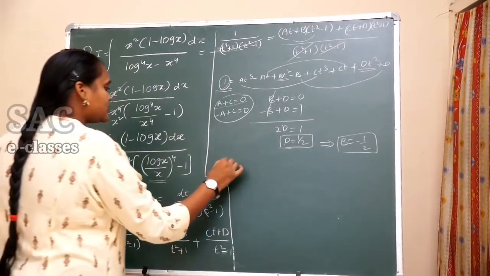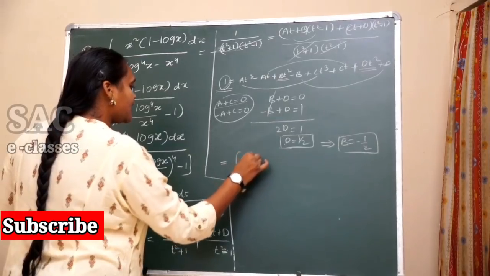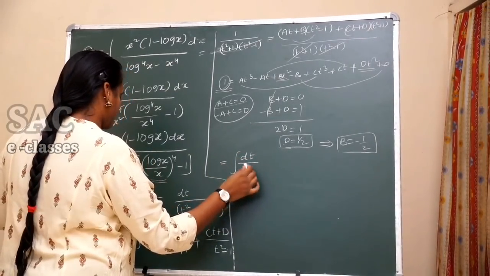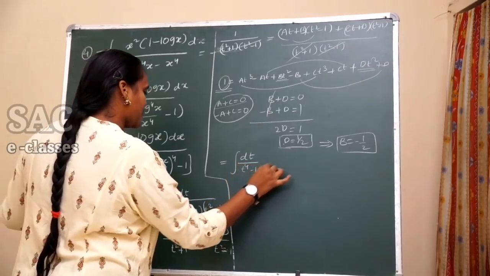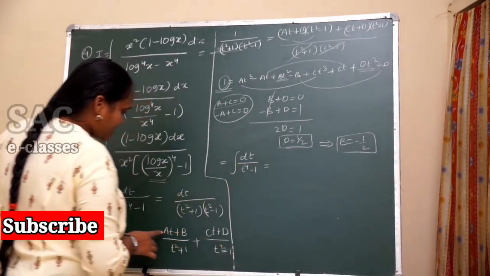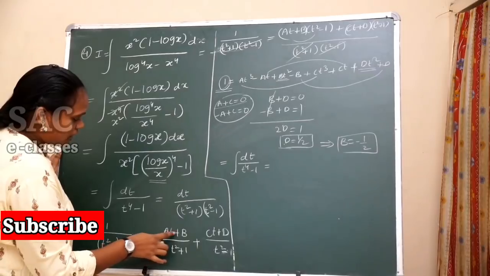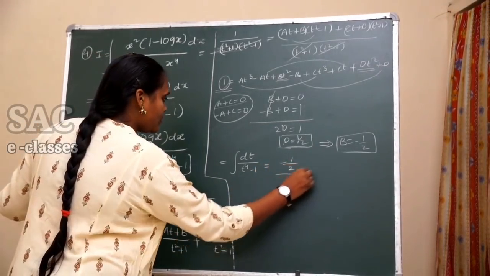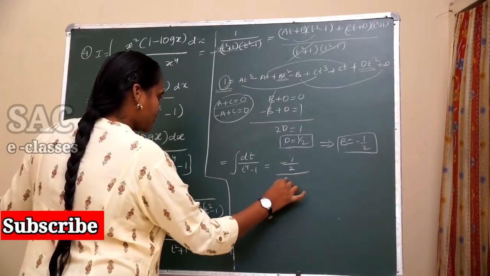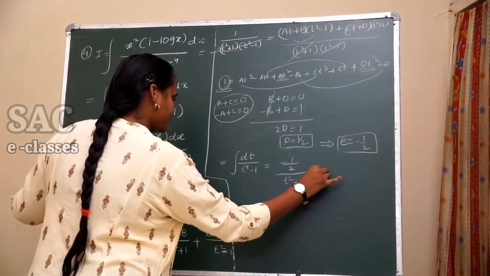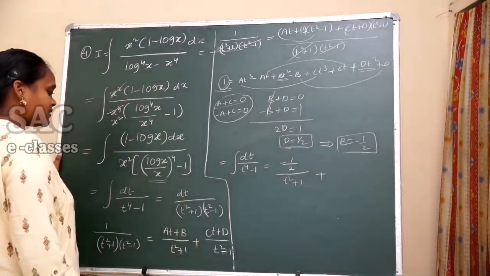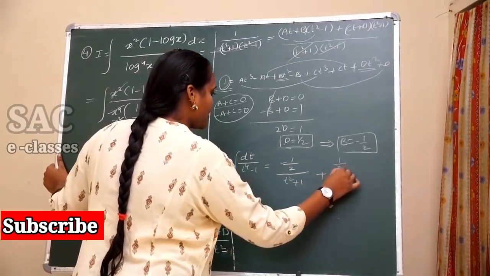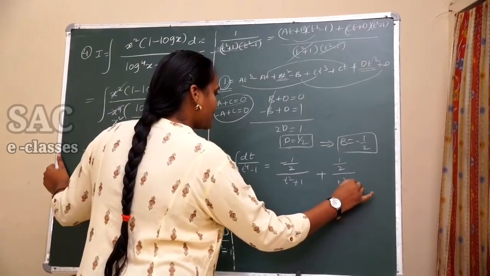Now, this integration will be like this. dt by t power 4 minus 1 can be written as, a is anyhow 0, right? 0t plus b means minus 1 by t, whole by t square plus 1, plus c value anyhow 0, d value is 1 by 2, right? 1 by 2 by t square minus 1.